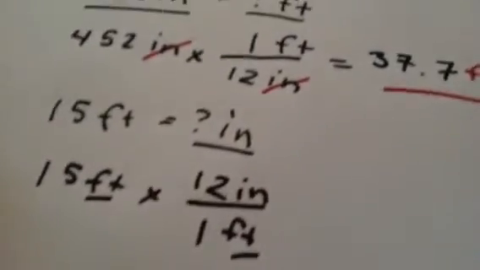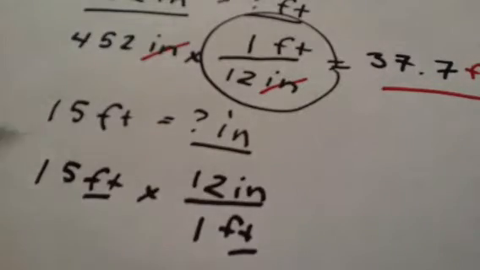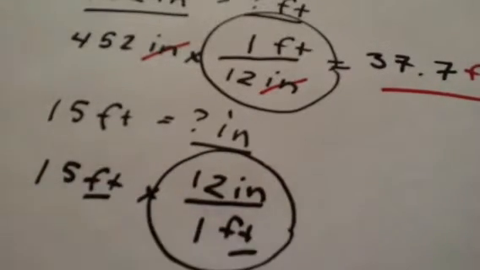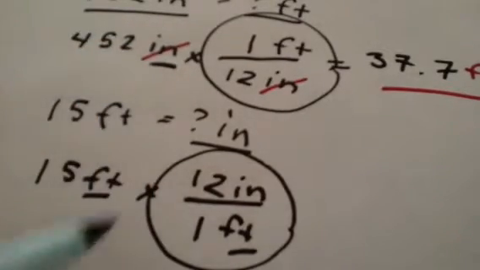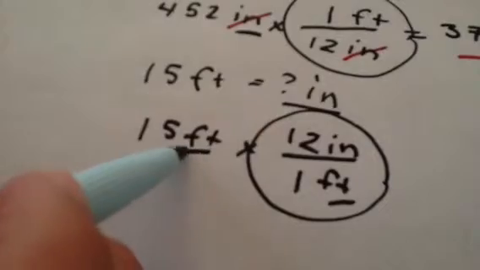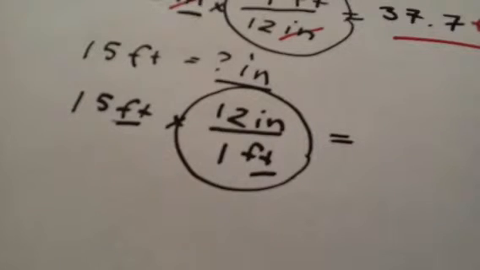Notice this is different from up here. Up here, I put 1 foot over 12 inches. Down here, I put 12 inches over 1 foot. That's because I was starting with inches in the first problem, but in this problem, I'm starting with feet. So I do 15 times 12 divided by 1. 15 times 12 is 180.